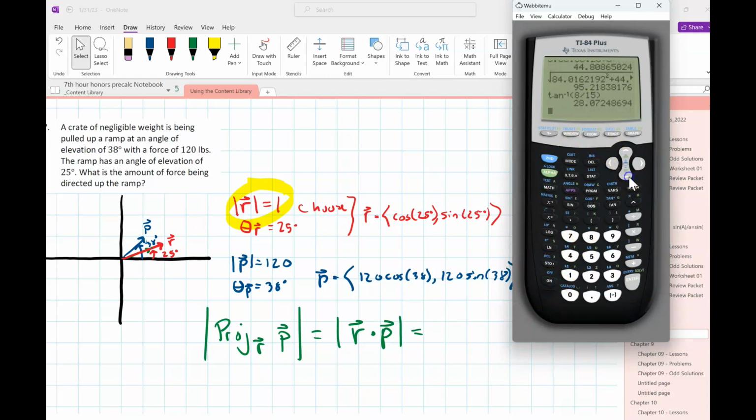So let's go down and do that real quick. So I'm going to have cosine 25 times 120 cosine 38, plus sine 25 times 120 sine 38.